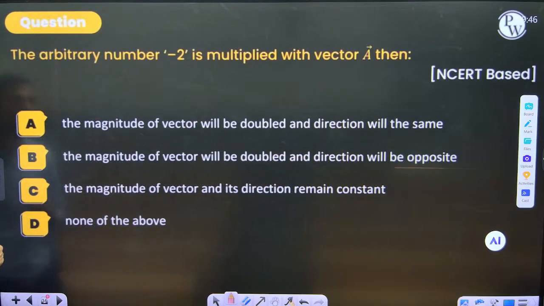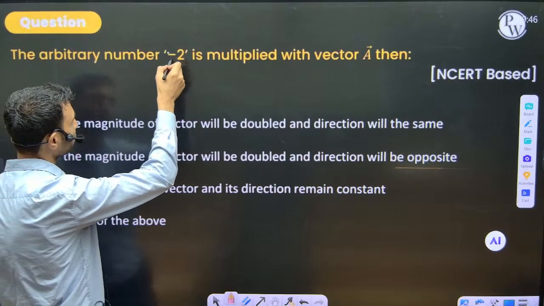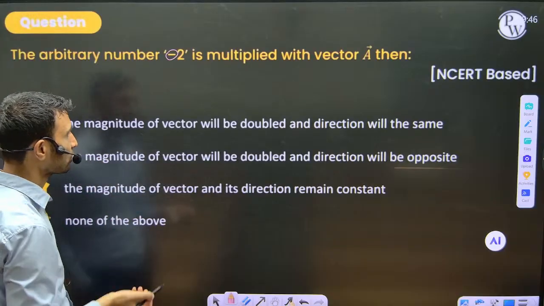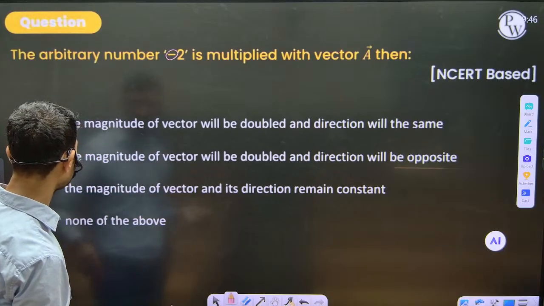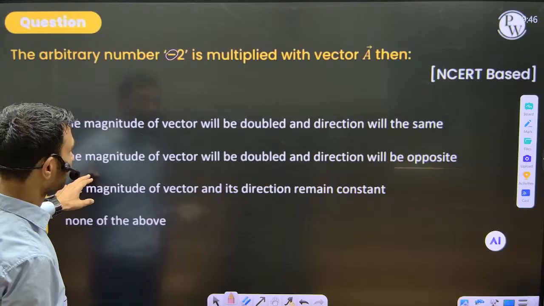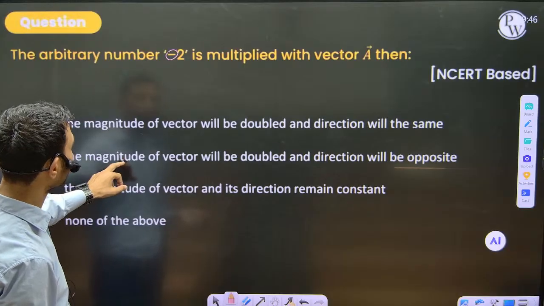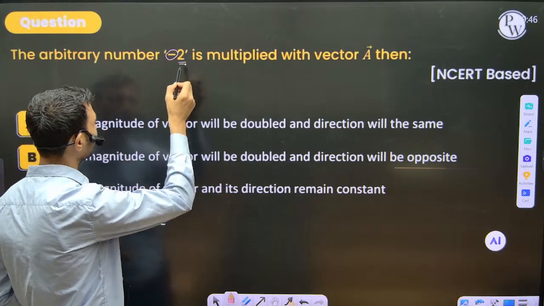Next, if an arbitrary number minus 2 is multiplied to a vector, then which of them is true? Now select which of them will be true. We know minus means there's a negative term here, so it is going to change the direction. And the magnitude, it's 2 times, right? So it will double the length.